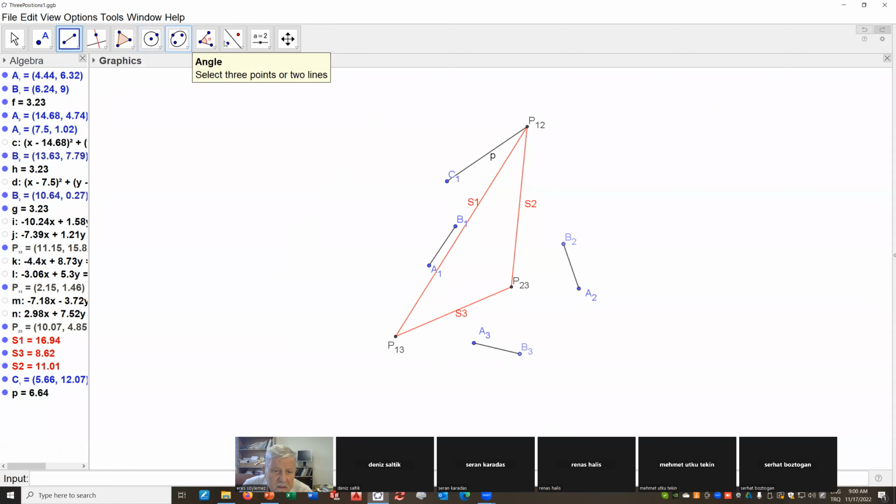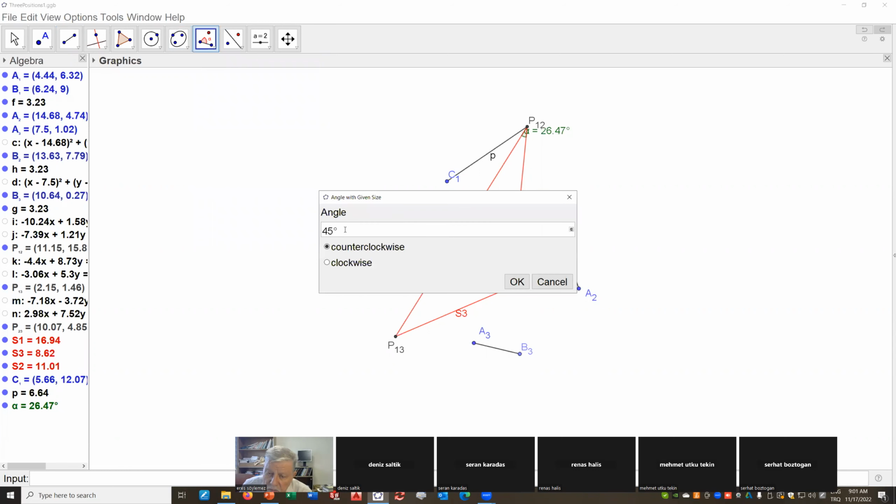For example, this angle from here to here is alpha, and that is 26.47 degrees. The rotation will be twice this, from position 1 to position 2. So I will rotate C1 about P12 by an angle 2 times alpha.